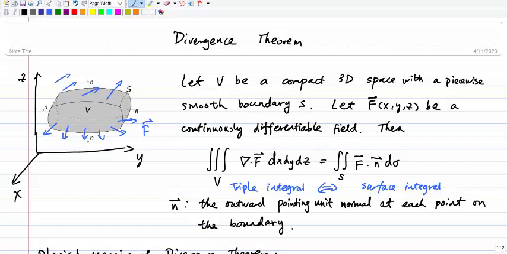Okay, before talking about the details, let me go through some of the definitions and notations used in the divergence theorem. Since we talk about the relationship between the triple integral and the surface integral, let's talk about the setup of this theorem.